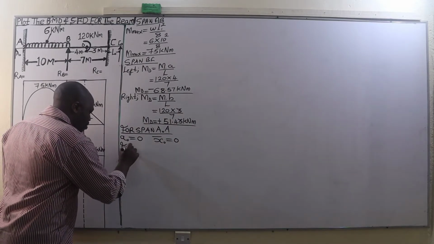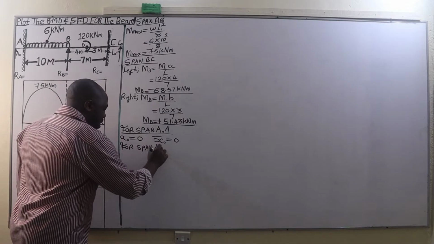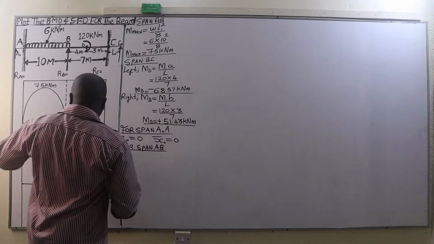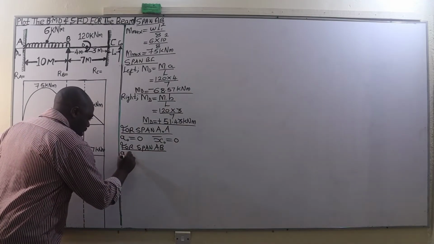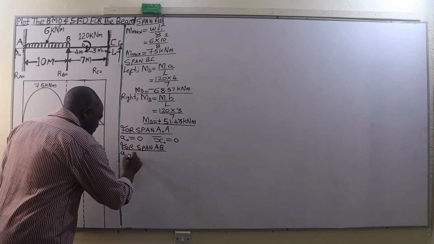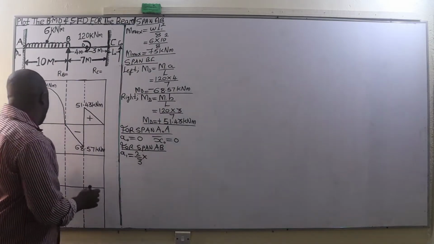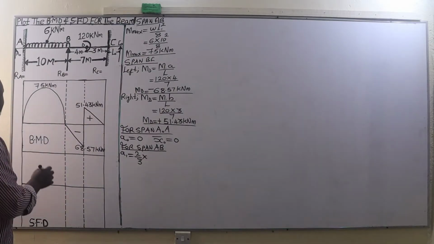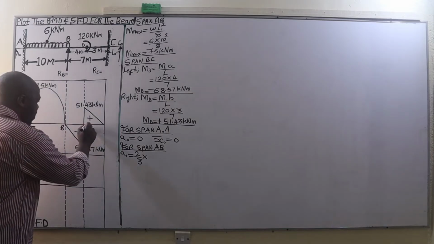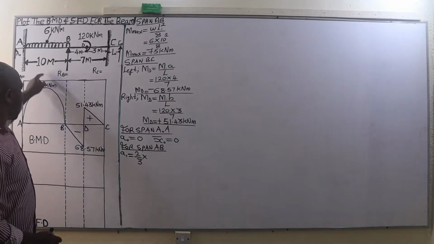From there we go to the span A to B. For the span AB, the area of this bending moment diagram, which is A1, will be given by 2/3 of its base, and its base is this span A to B, which is 10 meters.